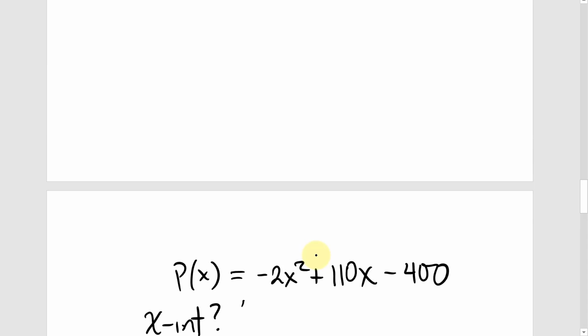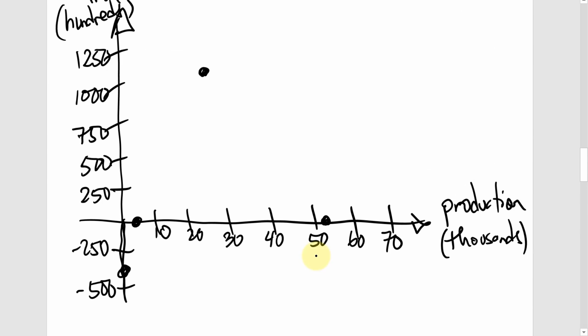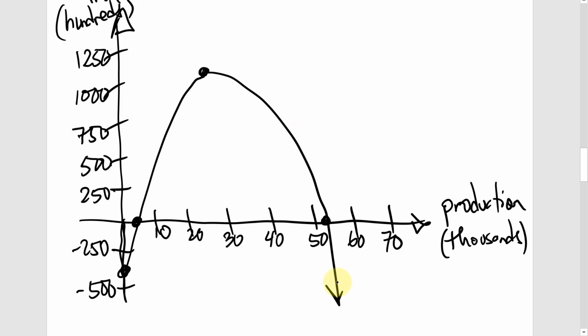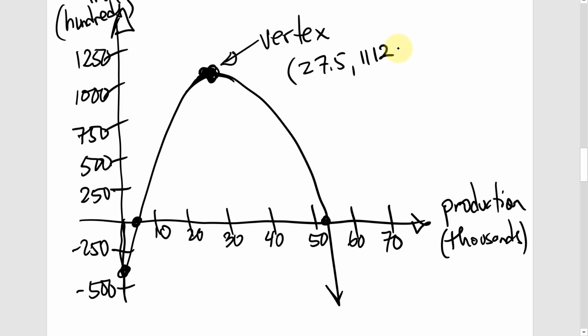Okay. So we've got those two points now, the break-even points, and we've got the x-intercepts, the vertex, the P-intercept. All right, that's it. You do the graph. This is the way you would approach it if it was a test question that you had to write out by hand, labeling vertex and intercepts. The vertex was at 27.5, 1,112.5.